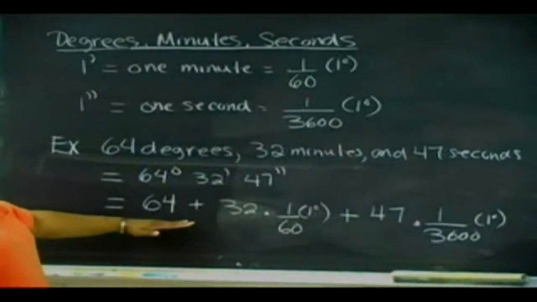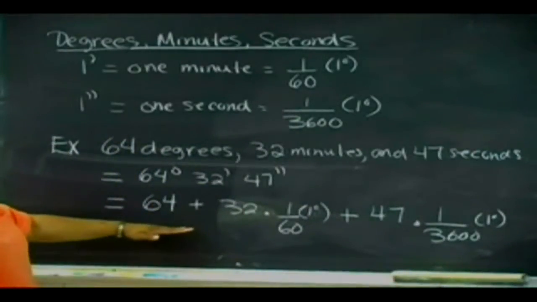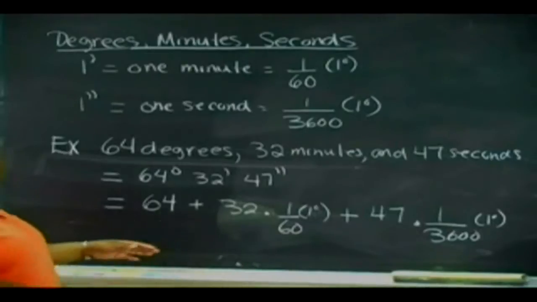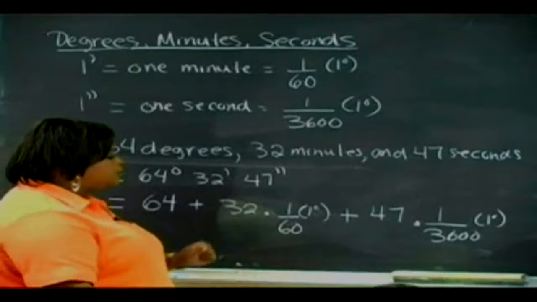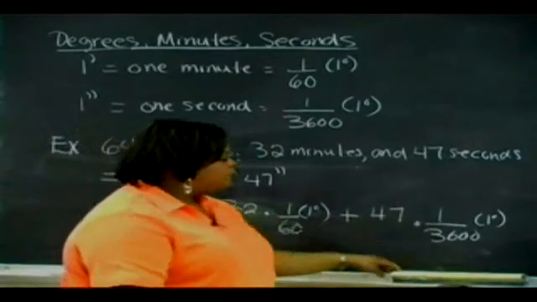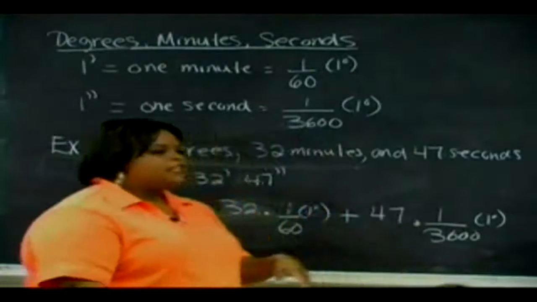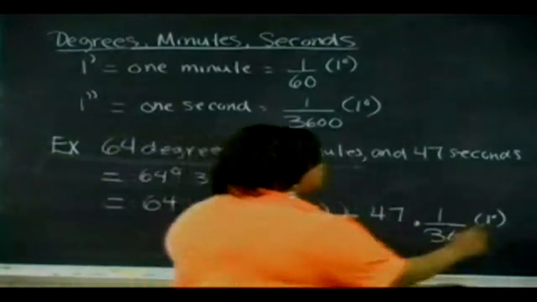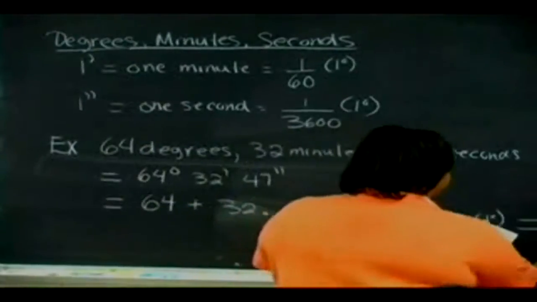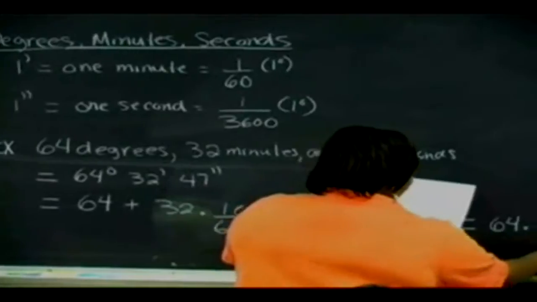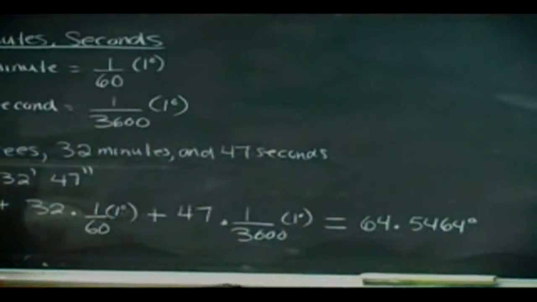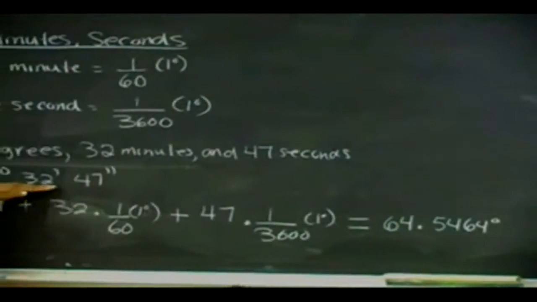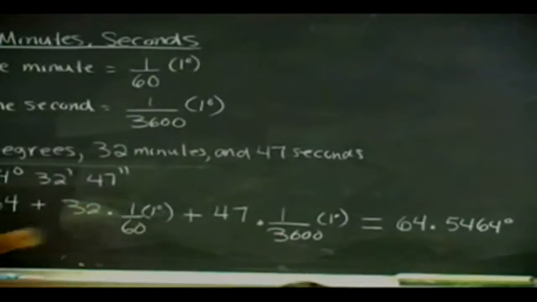For this, we need a calculator. What this translates to is 64 plus 32 divided by 60 plus 47 divided by 3600, and you should get what this is in decimal form: 64.5464 degrees. So for our minutes, we put the minutes over 60 and attach the degree symbol.